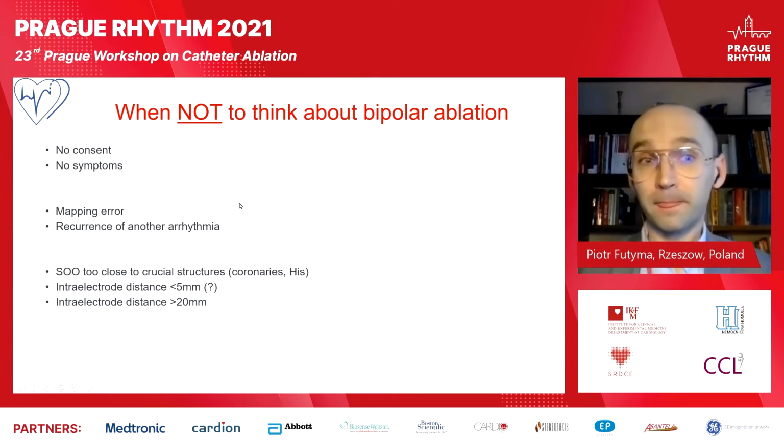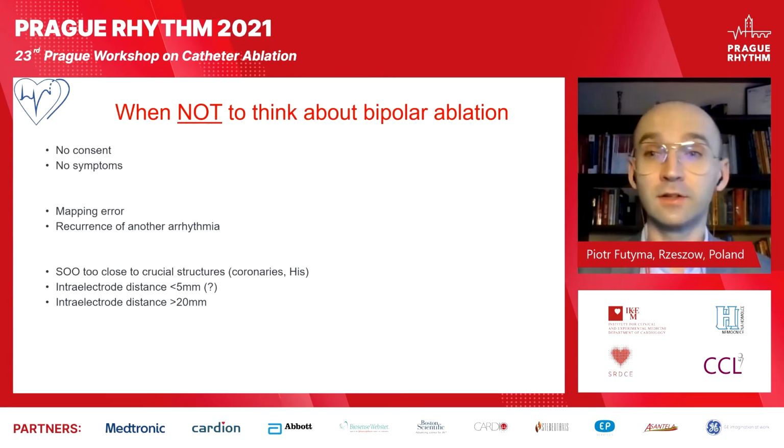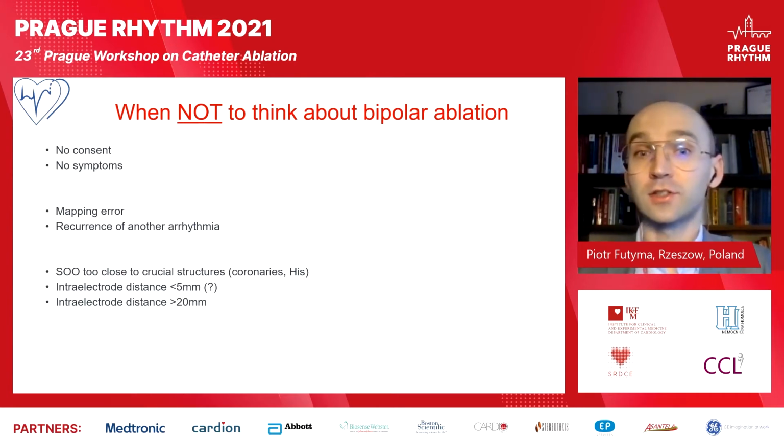We also can experience a recurrence of different arrhythmia. This is not so rare a scenario when our patient doesn't present the clinical arrhythmia we targeted before, but he presents a completely different VT. When the site of origin is too close to crucial structures, for example, coronary arteries or His bundle, I think we should be careful when we are very close to such structures.